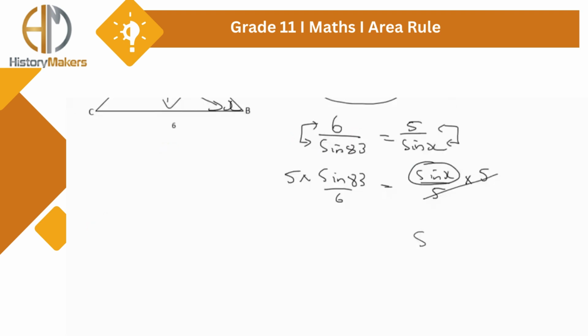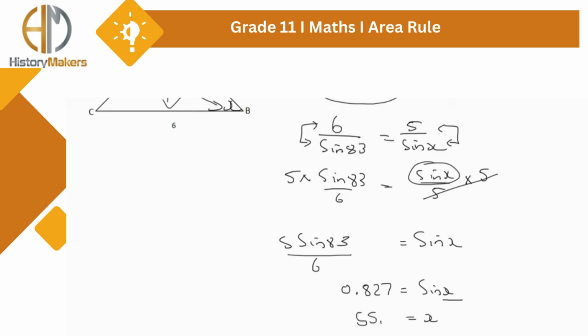And so we end up with sin x on the right hand side, and 5 times the sin of 83 on the left over 6. And so if you type all of that on the left in on your calculator, we end up with sin x equals 0.827. And so to get the angle, we could use shift sin of 0.827, and that would give us 55.8.